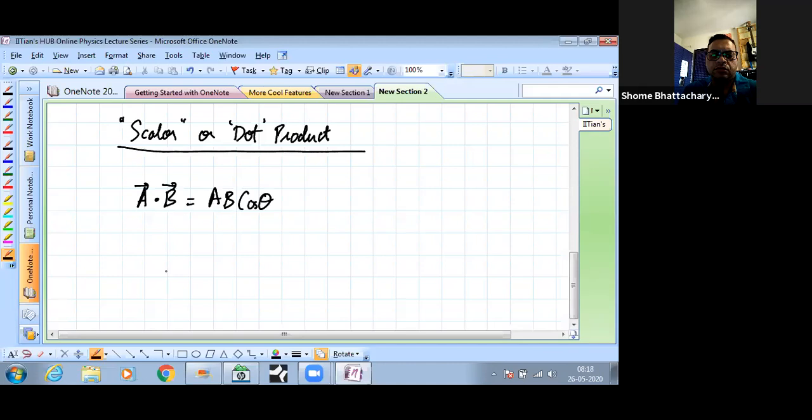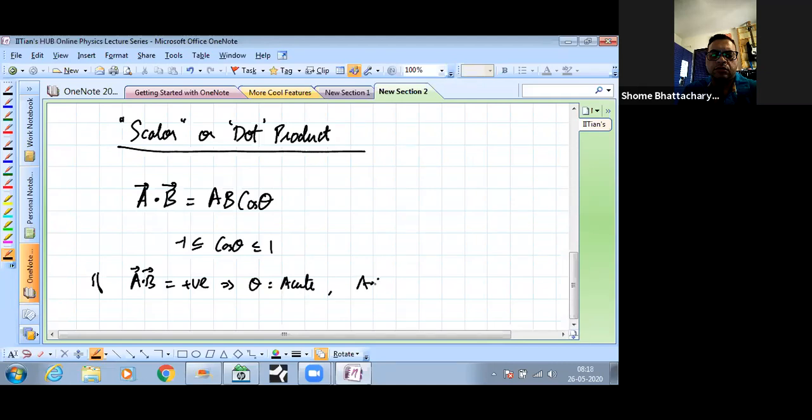And we saw this whole set of properties. So here also, for example, cos theta ranges between -1 and 1. If A dot B is positive, it means that theta is acute.